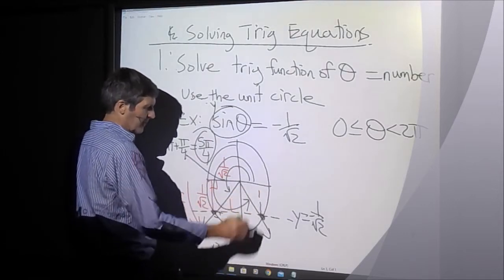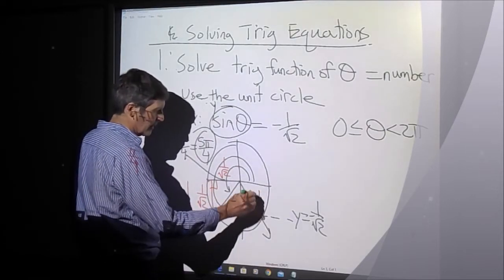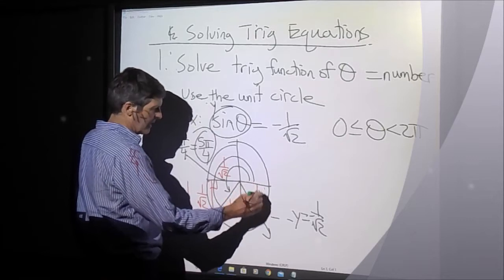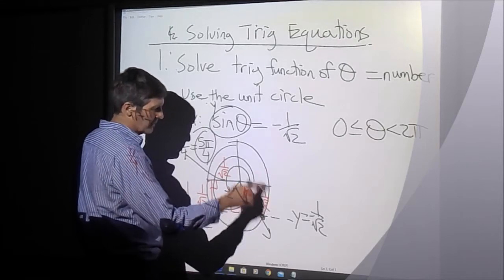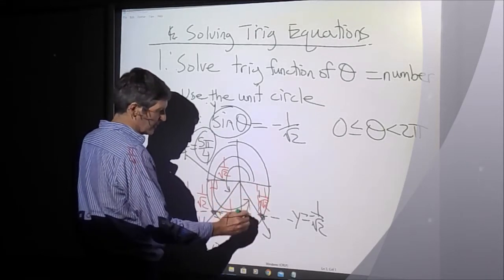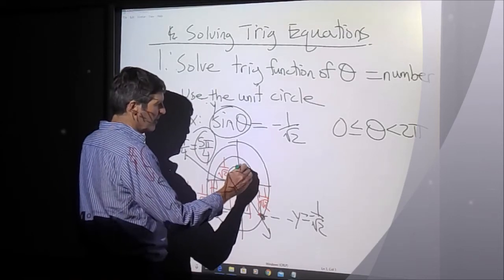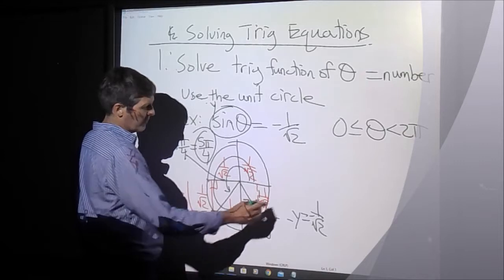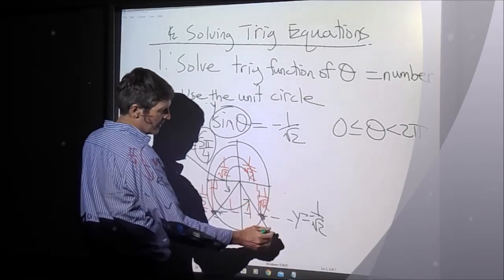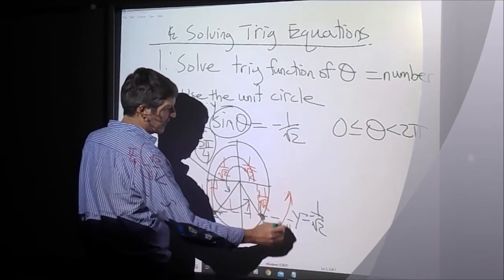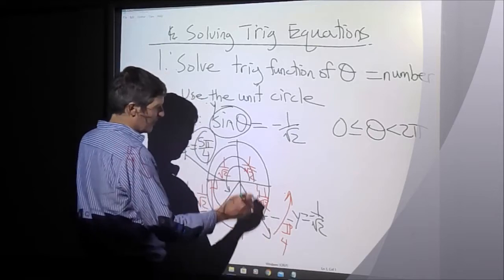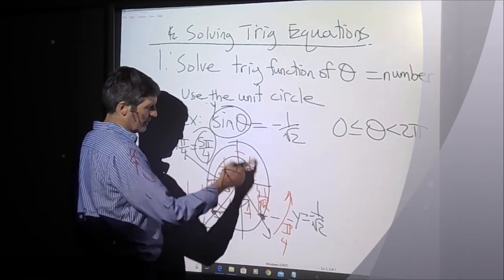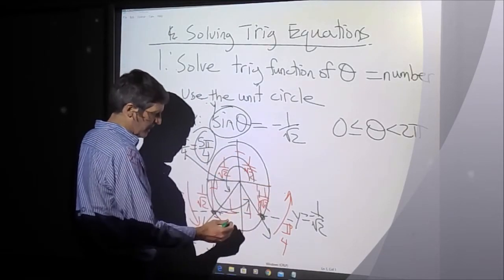Well, I drop the perpendicular here. And again I get side 1 over square root 2 because I went down to minus 1 over square root 2. This is 1, and the Pythagorean theorem forces this last side to be also 1 over square root 2. It's a 45, 45, 90 triangle. This angle right here must be 45 degrees, pi over 4. It follows that this big angle here is 2 pi back up pi over 4.